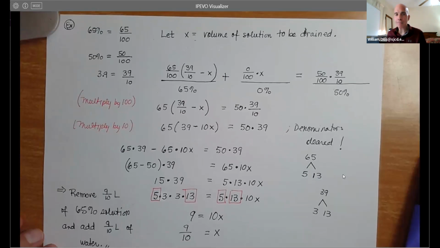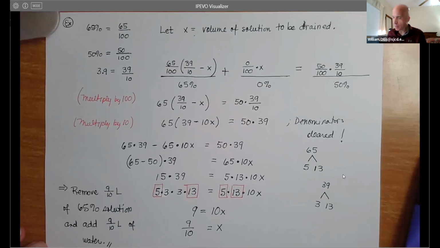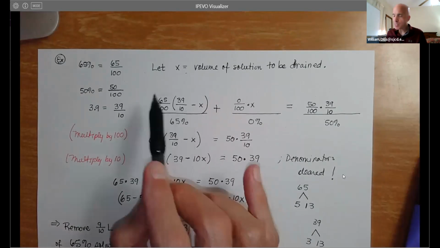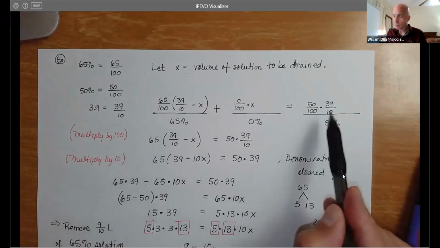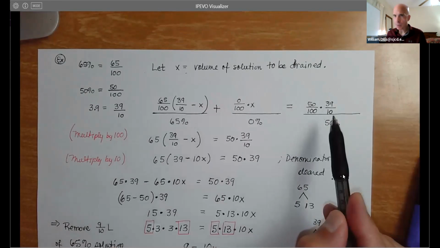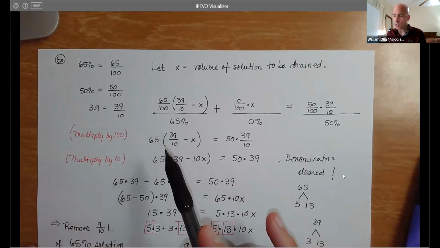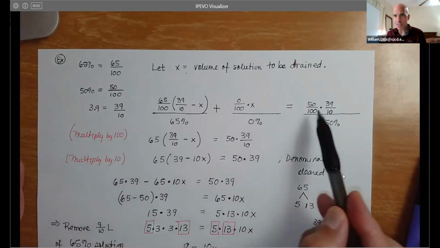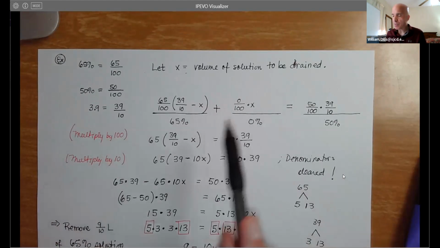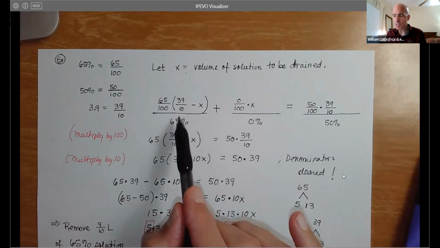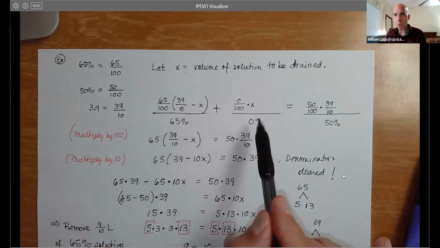So again, the problem here that we see now, I'll go back up here where we started out. This is what I want you to review. This setup here. This is important. All of this is important too, but we're not solving the right equation or the right problem if we don't get this correct. So again, notice we're replacing part of the solution, 65% solution, with water, so that has no antifreeze component.